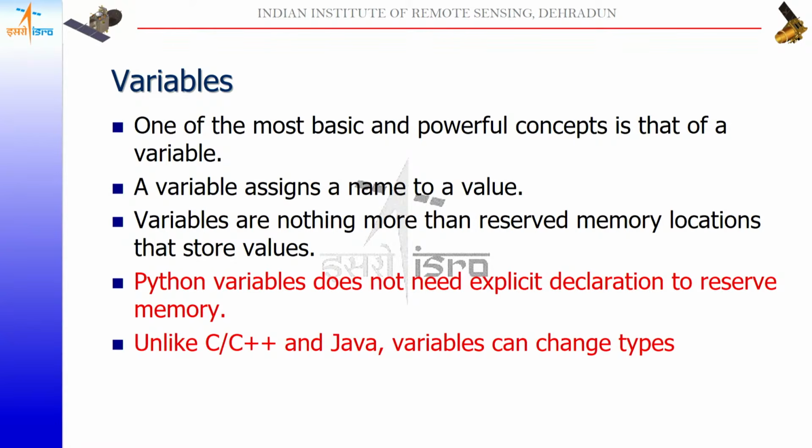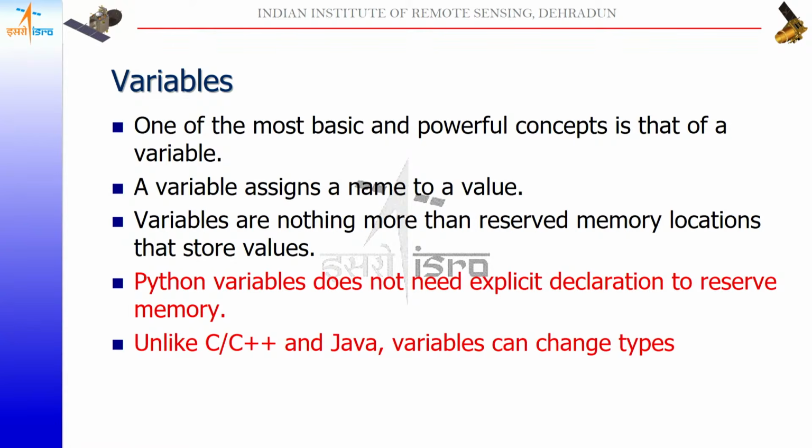Then the next thing that comes is the variable. Once we have a value in a program, variables are among the most basic and powerful concepts in a programming language. One of the most powerful constructs of a programming language is the ability to create variables and manipulate them, right? A variable is a name given to a value so that you can retrieve it back in your program.